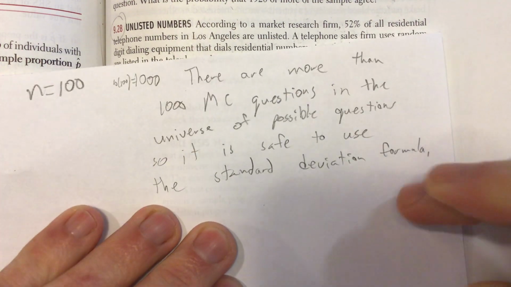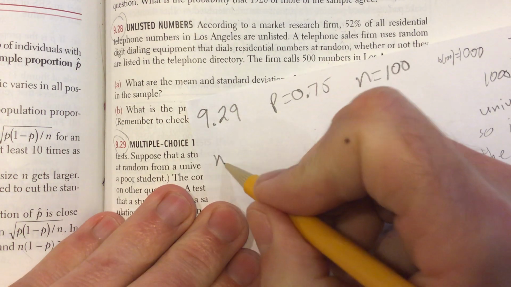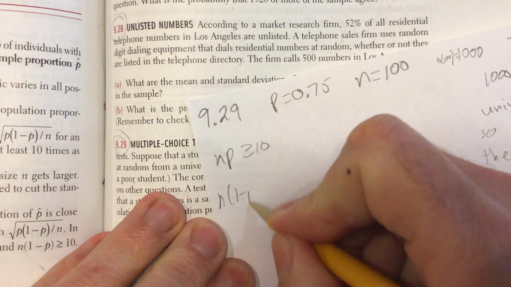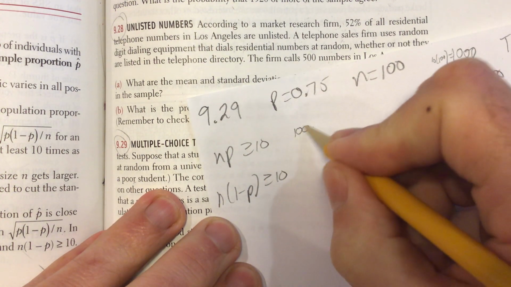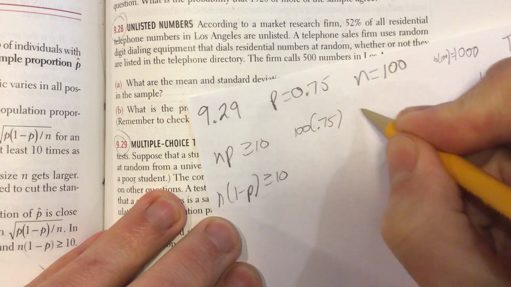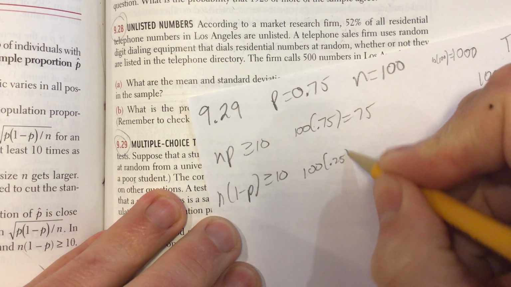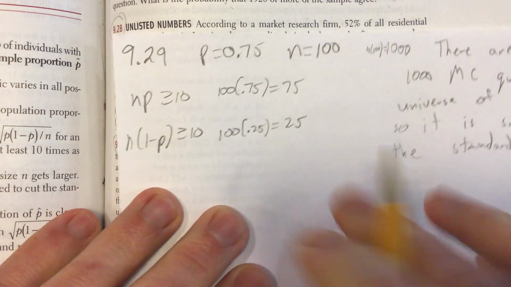Okay, now for the normality. n times p, n times 1 minus p. So this is 100 times 0.75, 100 times 0.25. Okay, both of these expected counts are at least 10.